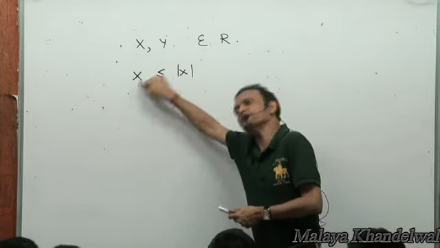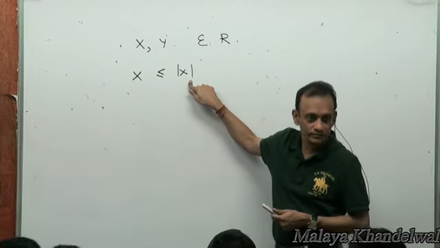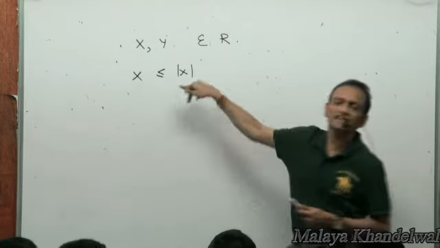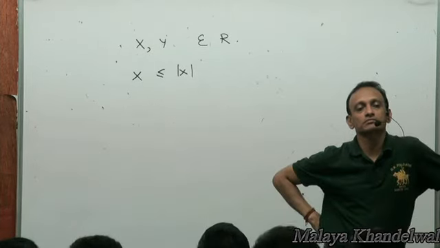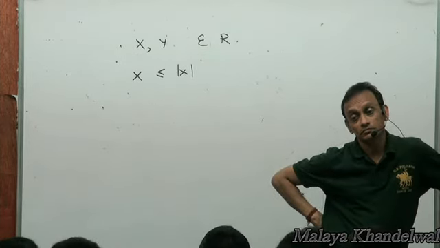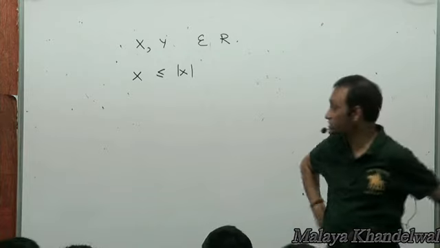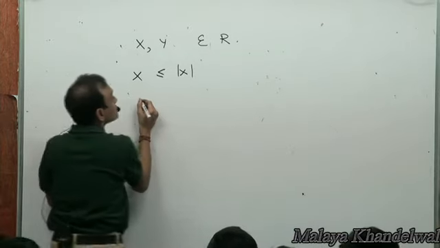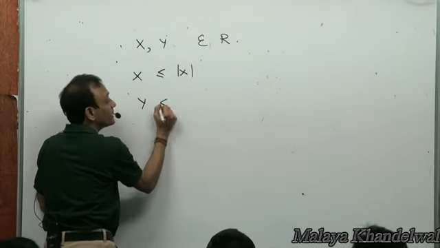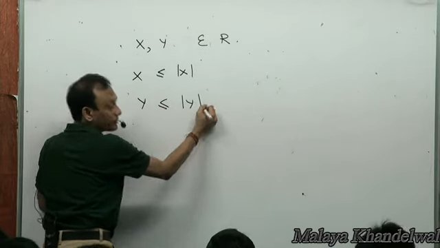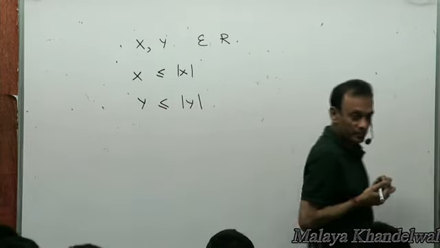And if x is positive, x would be equal to mod x. Yes or no? So x is less than or equal to mod x. Can I say this, no matter what the sign of x is? Similarly, can I say y will be less than or equal to mod y? Can that be said?